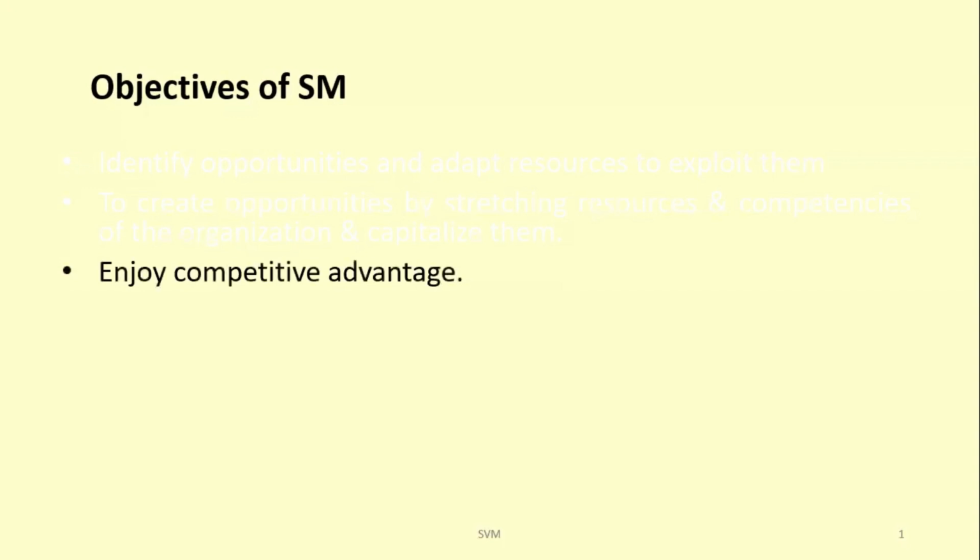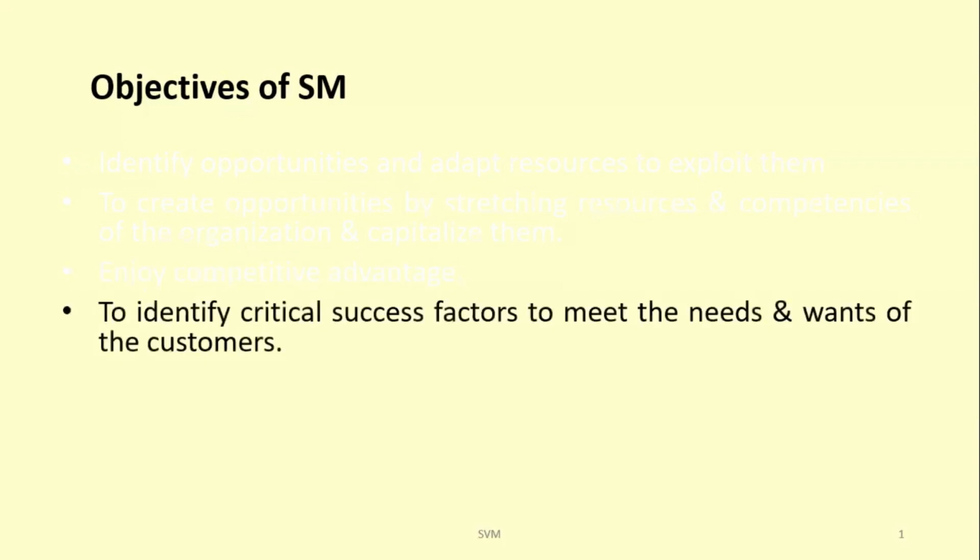Third one is enjoy competitive advantage. Again, we can consider the example of Amazon's scale and logistics capabilities, allowing it to offer faster and cheaper shipping than competitors.